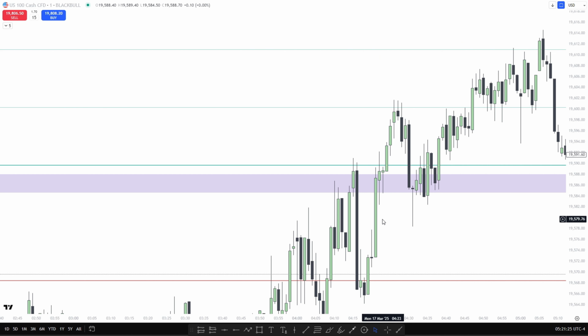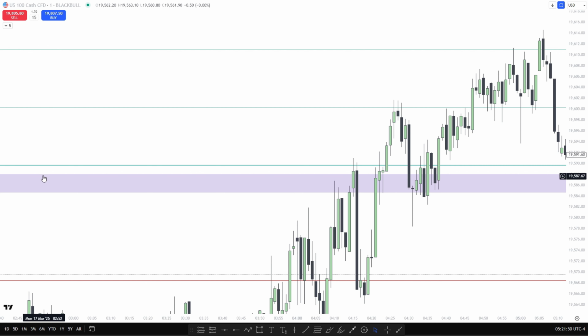That second displacement, which should form immediately after the gap, is your ideal entry if you're bullish. If it's an inversion CB and you're bullish, that's going to be your ideal long. If you're bearish and it's an inversion BC, that's going to be your ideal short.